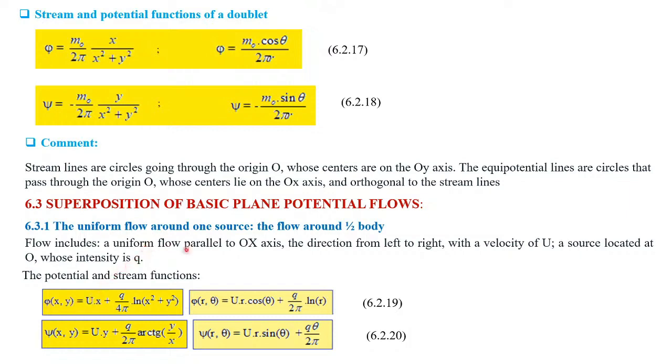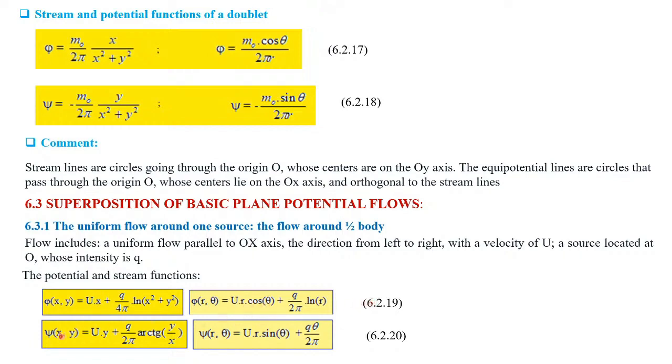This one is for the uniform flow, and this one is for the source, with the center of the source at O. You take this one and sum it with this one, yielding the superposition method, so you get phi in the Cartesian coordinate system, and we change into the polar coordinate system, we get this one, because x equals r cos theta.